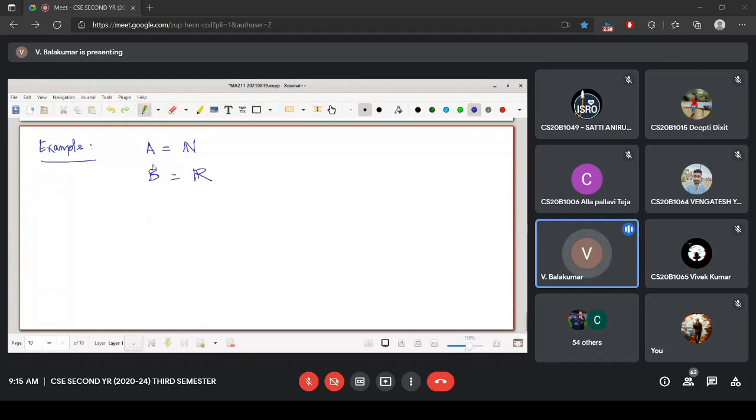How many elements are in A? Don't know why this writing pad is not helping us. How many elements are in A? Be active, this is an easy question.